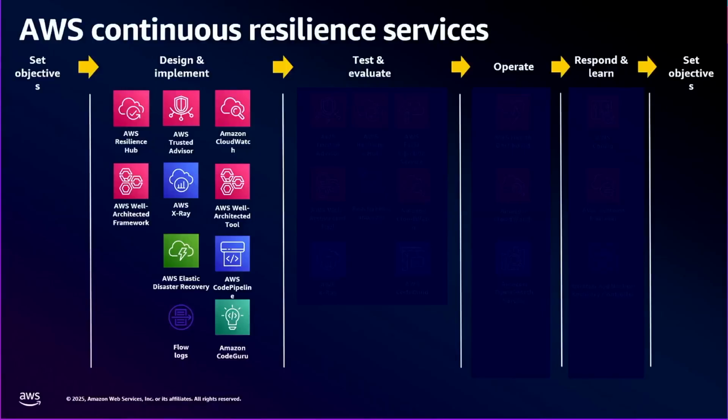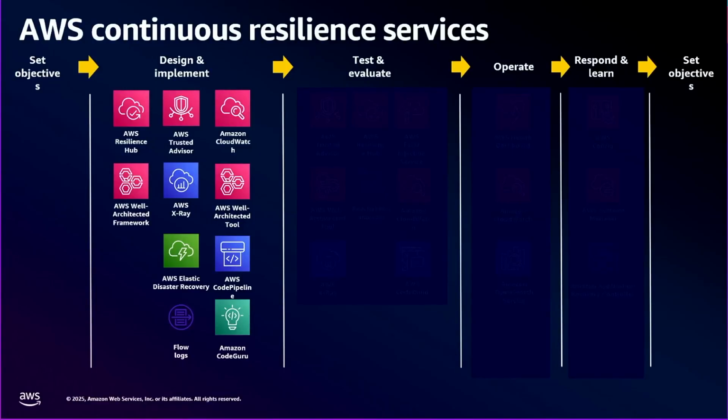It's also doing things like dependency mapping for your applications, right? If you don't know what dependencies your applications have, you don't know what dependencies to go make resilient or to focus on. So there are tools like VPC Flow Logs or X-Ray that can help you do that dependency mapping, to figure out what your application is speaking to, so that you know what your dependencies are.